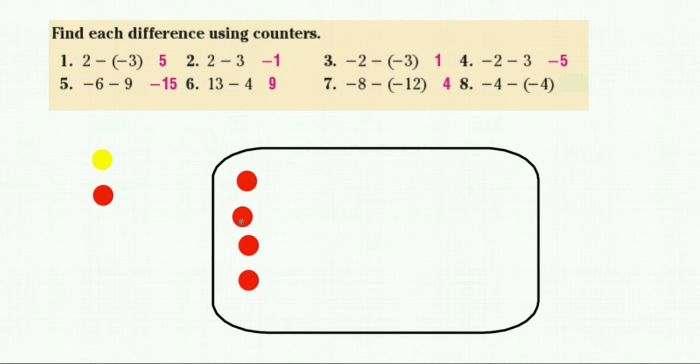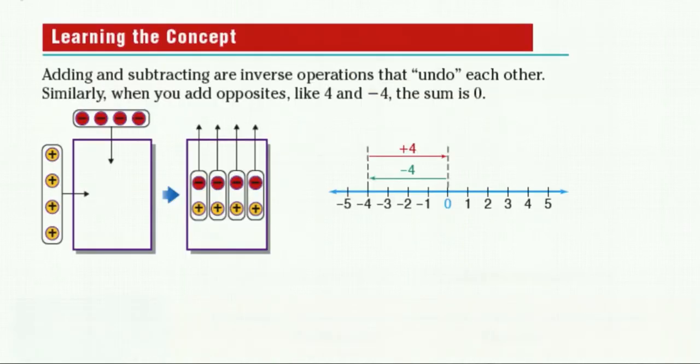You have 4 negative counters, subtract negative 4, and you end up with 0. If you take all 4 out, you end up with 0. So negative 4 minus negative 4 is 0. Alright, done with that. Let's move on.